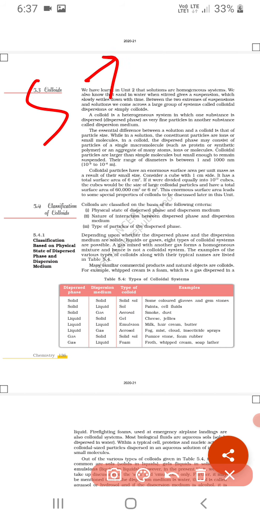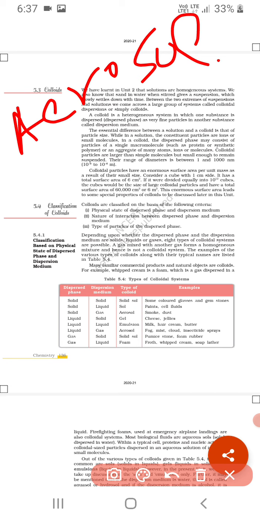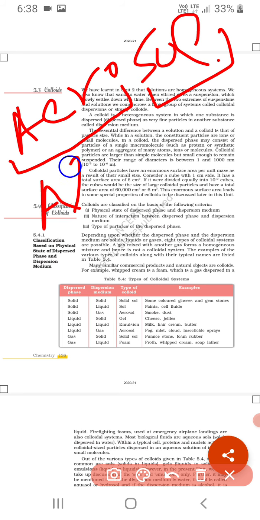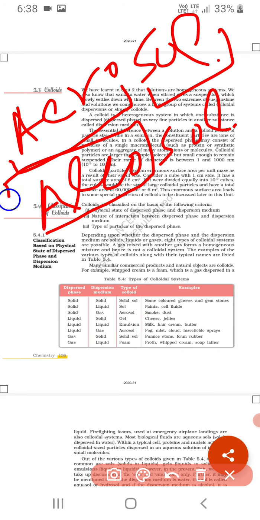Solid sol, that means here the component is solid in solid. If it is said aerosol, that means the dispersion medium is air and dispersed phase is solid. If it is asked alcohol, that means alcohol is your dispersion medium, right?